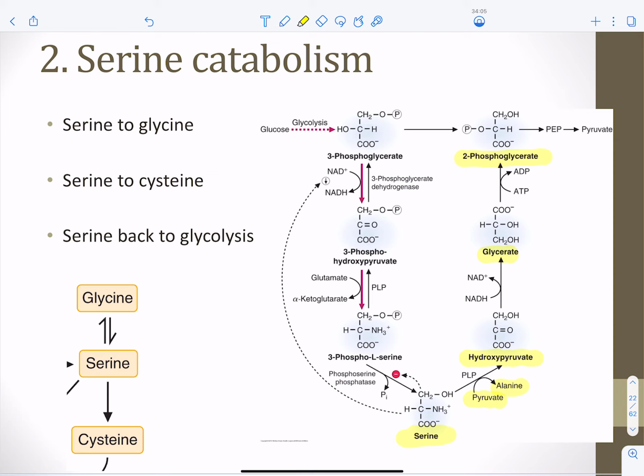Now before, if you have 3-phosphoserine, this can actually go back to the 3-phosphoglycerate. But once you form your serine, it is going to negatively build up. If you build up serine, it's going to negatively regulate the formation of more serine through the 3-phosphoserine, which is the phosphoserine phosphatase reaction.